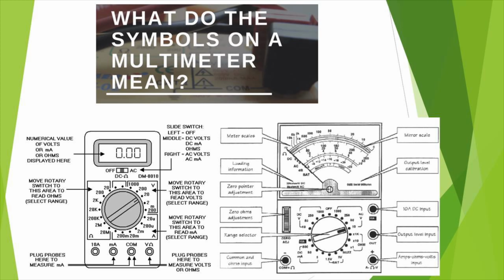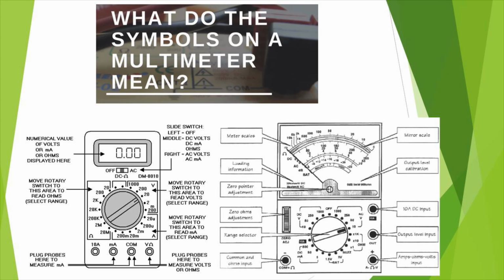On the right side, you have a resistor range, so you can simply turn to that area to find the resistance value. In the square bar, you can see the numerical value of voltage, milliamperes, and ohms depending on your choice. Under it, you have a plus port here to measure the milliamperes and a ground port as well.